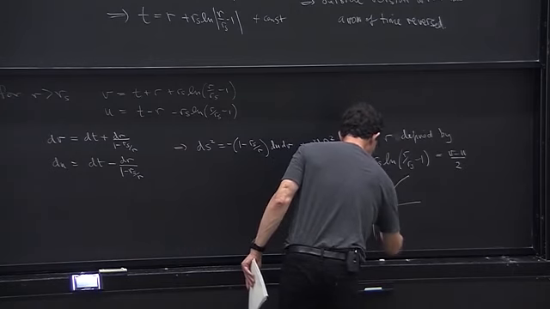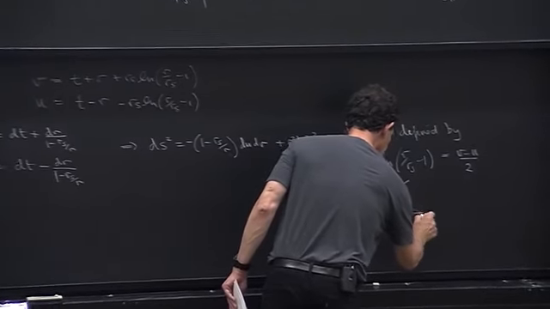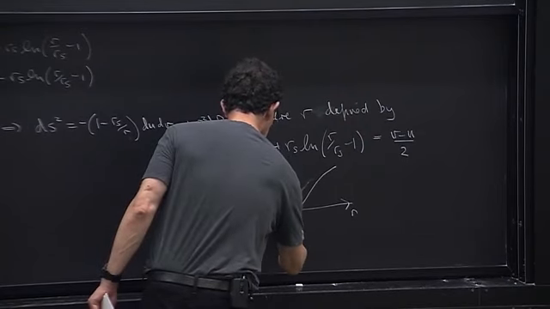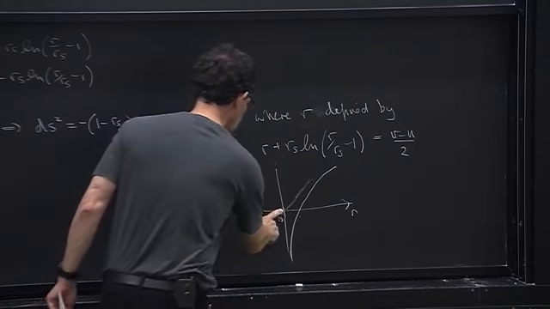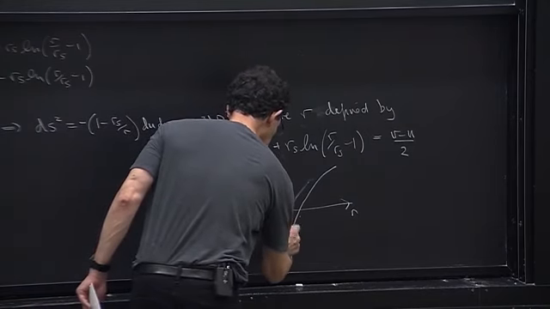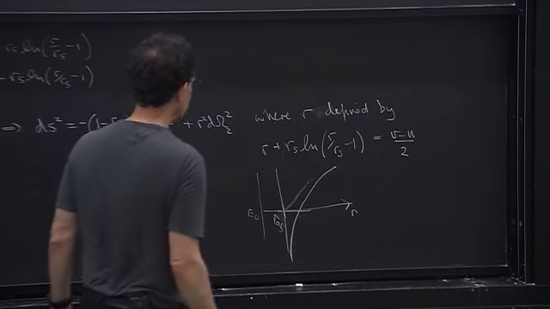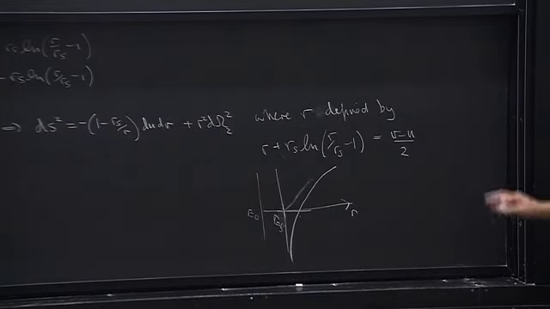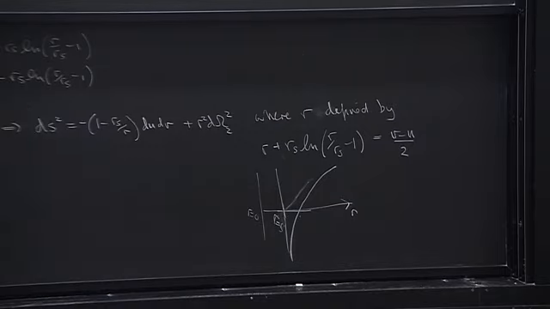So here's this function of r, and this is r equals rs, and this is r equals 0. So there's some function of r equal to v minus u. This is only really going to be valid for some range of v minus u, but let's not worry too much about that. Let's just plow on.